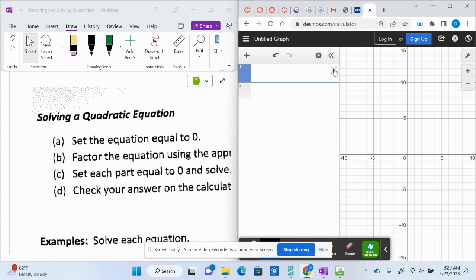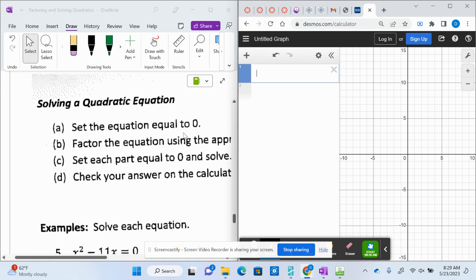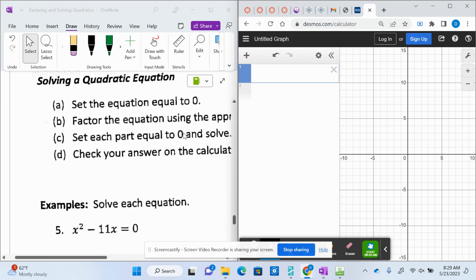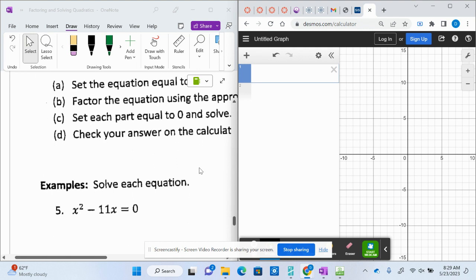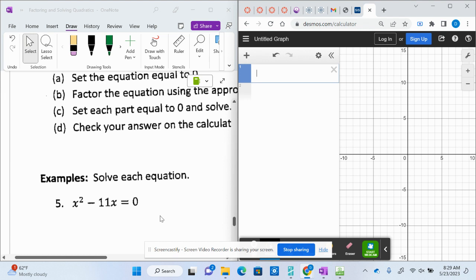Okay. And then I'll use the y equals. I'll show you on a calculator as well, but I just want to show you. So for the first one, number 1, the steps say set it equal to 0, factor the equation using whatever method you choose, set each part equal to 0, and solve. Well, remember that you can actually just have Desmos solve it for you, right?